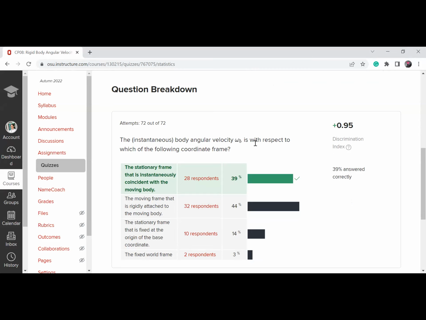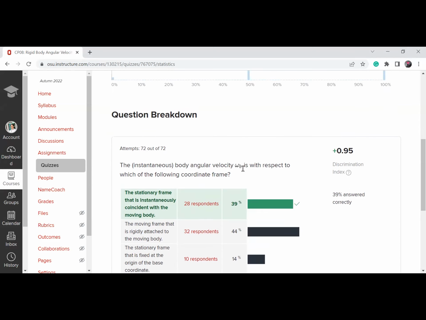So, a couple of you talked about the quiz. A quick explanation of the quiz, and don't worry about your scores on it. The point was to pay attention to the verbatim wording and understand the meaning of fixed frame, body frame, rotating frame, all of that.